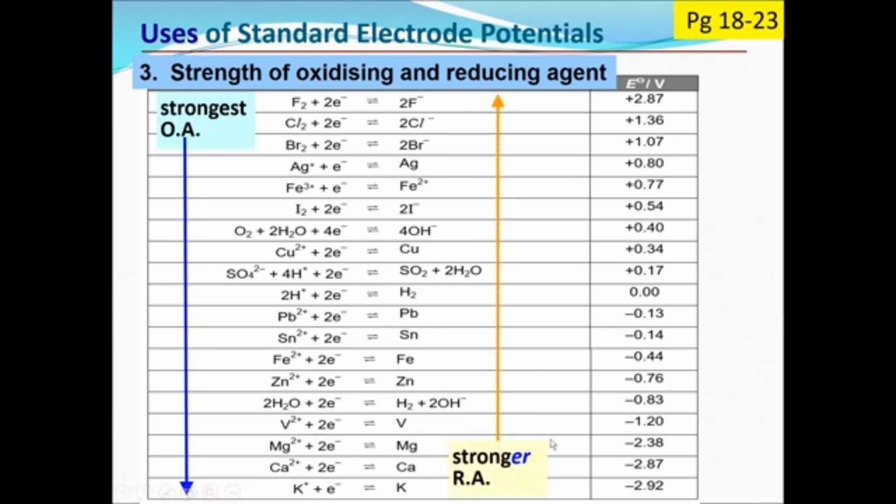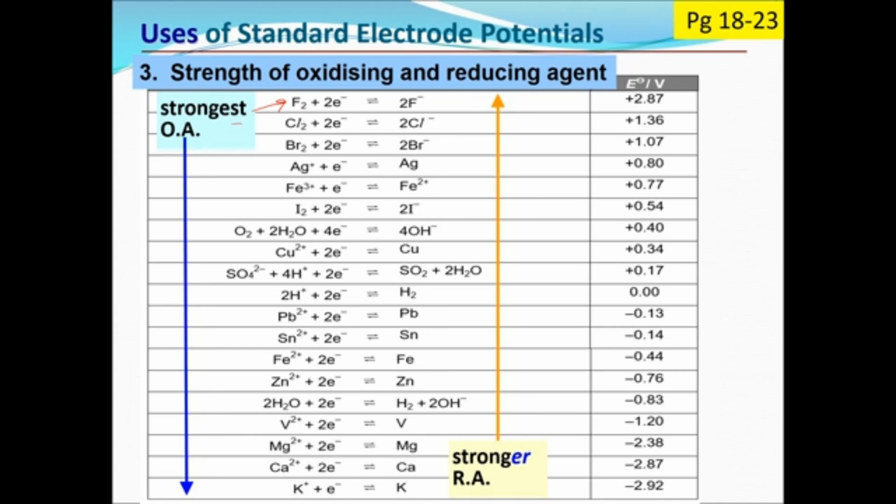I use the word stronger, but here you're safe to say strongest, as F2 or fluorine gas is the strongest oxidizing agent in the entire data booklet. But in table 4a, there is a species that is in fact the strongest reducing agent, meaning it has a more negative electrode potential than potassium here.